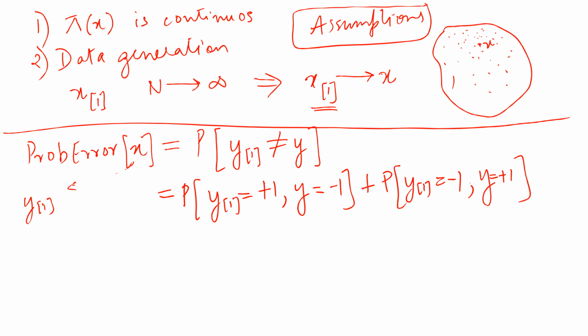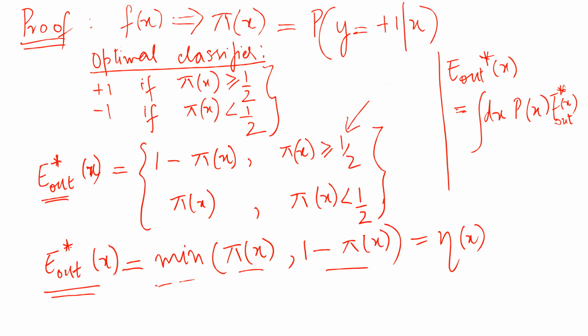Okay, so if we think about these probabilities, the definition of pi was the probability of getting these y's as +1 or -1, depending on the value of y given x, right?